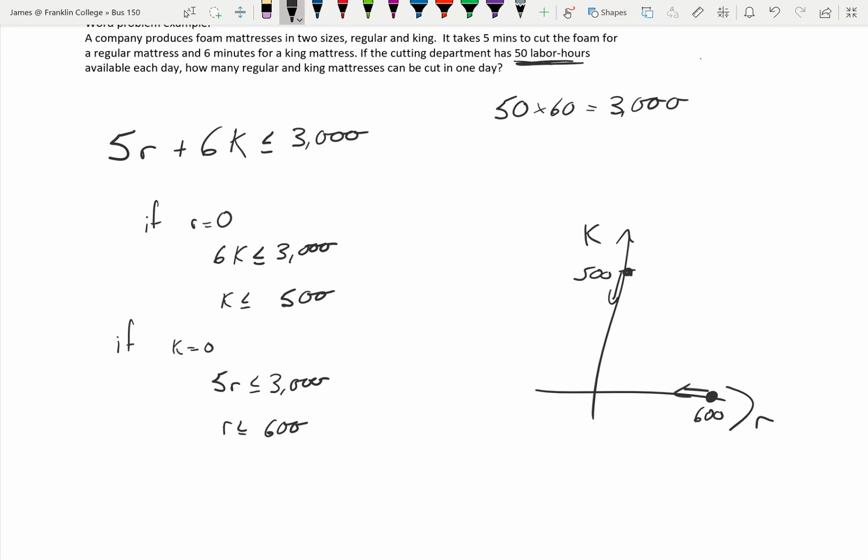We can draw a solid line in between these two, and then we're going to shade in the region that is underneath the line. So this shaded region, including our line, is all of the available points that are part of our solution set. Alright, so that does it for today's lesson.